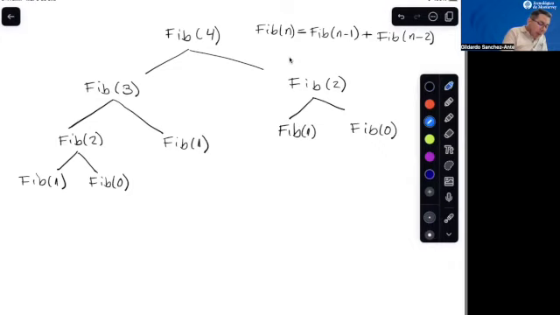Here, this is an initial condition. So this is going to be, I'm sorry, this is going to be 0. This is going to be 1. This is going to be 1. This is going to be 1. This is going to be 0.